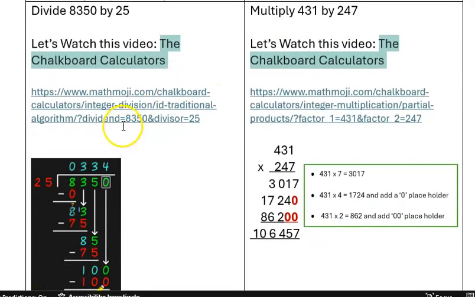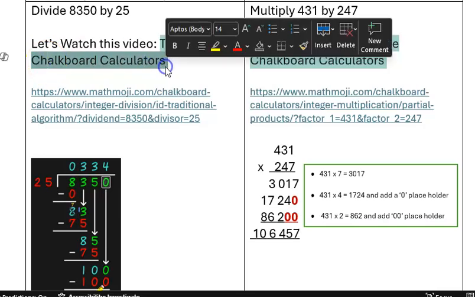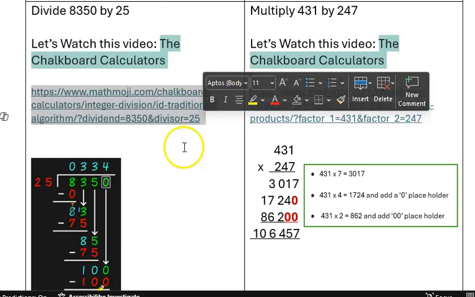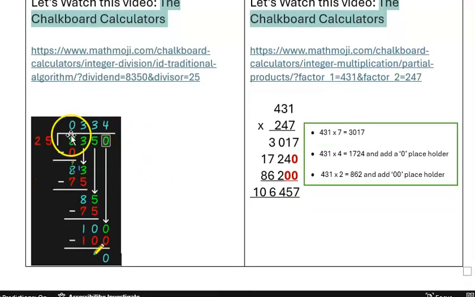Now, I found this to be a little bit interactive. Chalkboard calculator. When you put this into the website, which I did, I plugged in 8,350 divided by 25, and it was so amazing to see the real-time playing of the video.